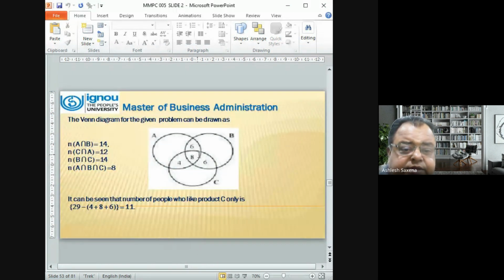Straight away, this is the common region for all the three, so write 3 over here. Now, intersection A and B is 14. 3 is already over here, so it will be 14 minus 3. That is 11, the common region for this.